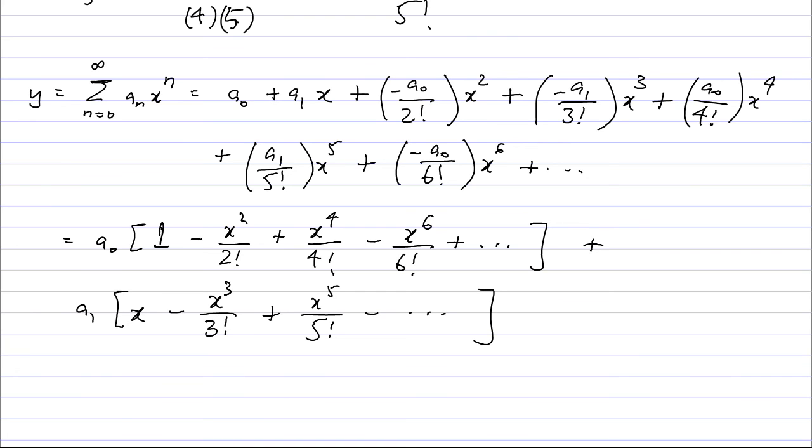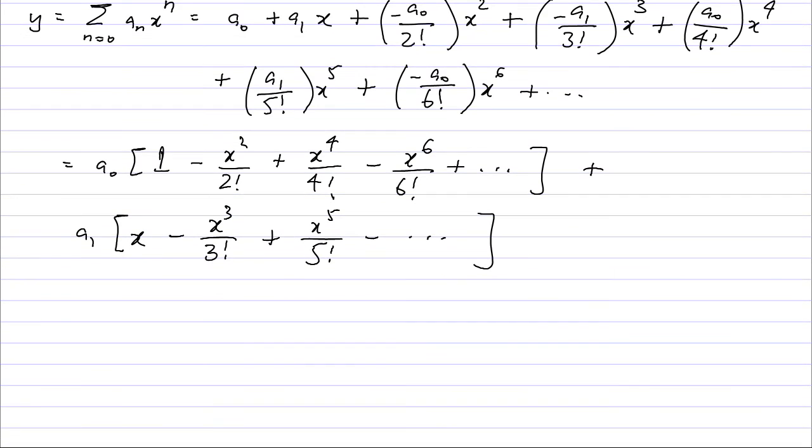The term in the first square brackets you recognize as the power series expansion of cosine of x. The term in the second square brackets you recognize as the power series expansion of sine of x. So I can write this as this.